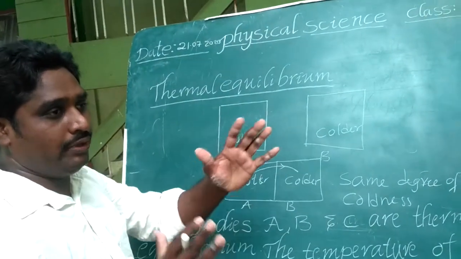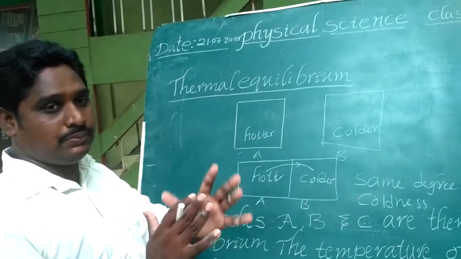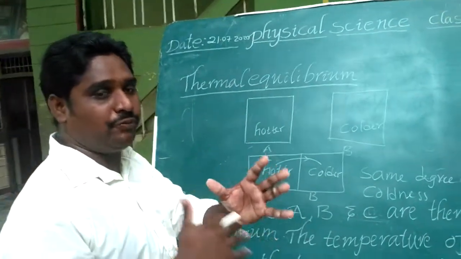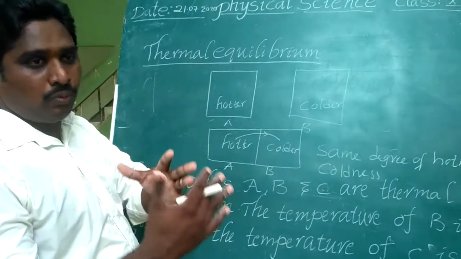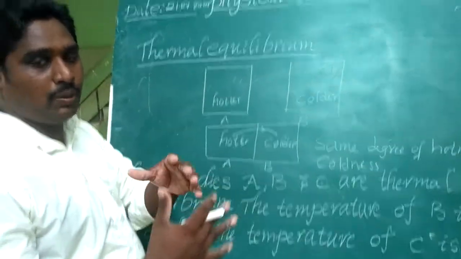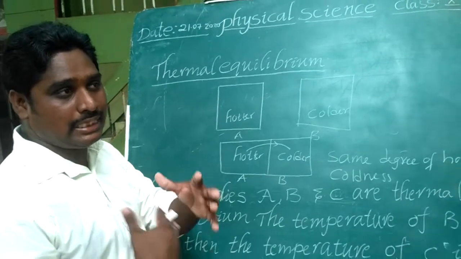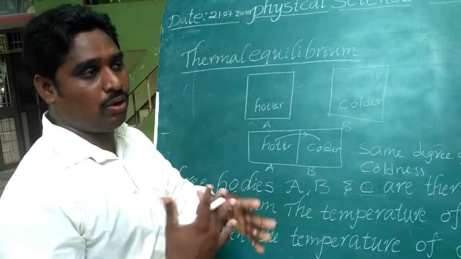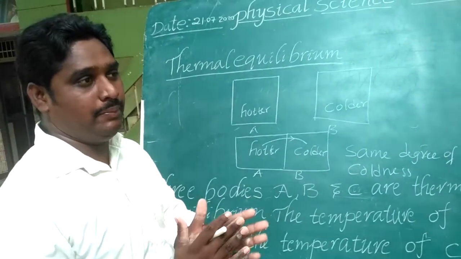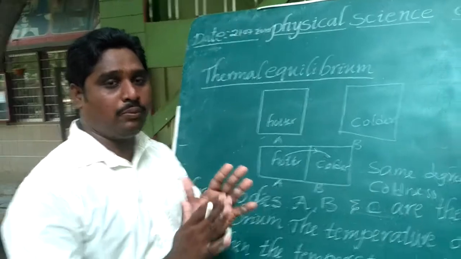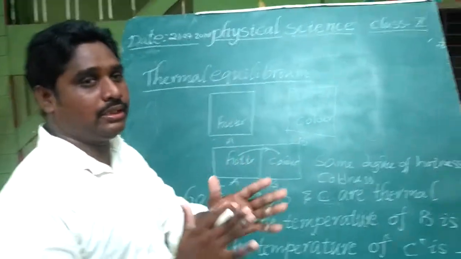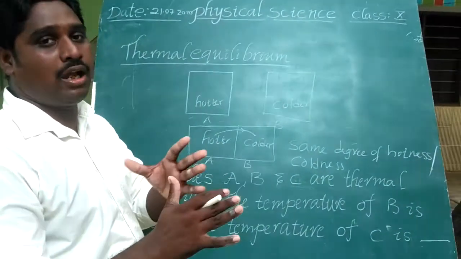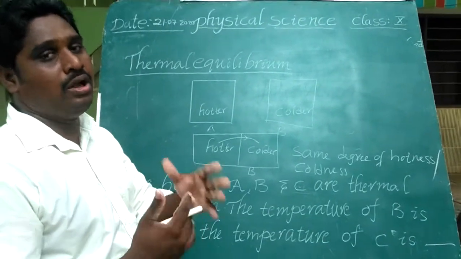Thermal equilibrium means we take objects at different temperatures and put them in thermal contact. The heat flows from the hotter body to the colder body until both bodies attain the same degree of hotness or coldness. That means when two or more objects are in thermal equilibrium, all bodies have the same degree of hotness or coldness.